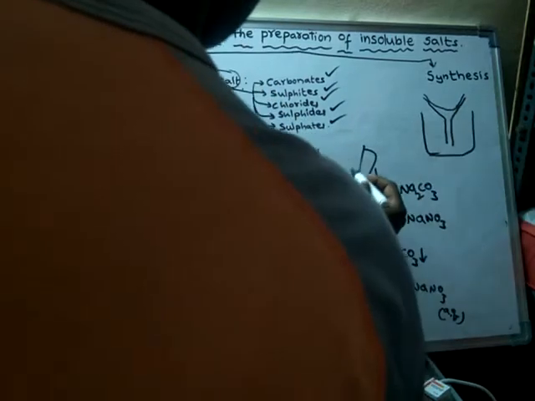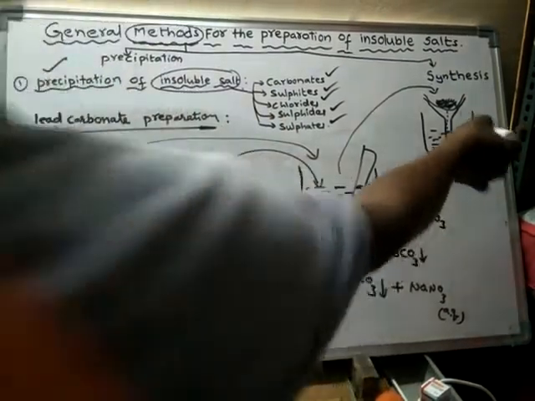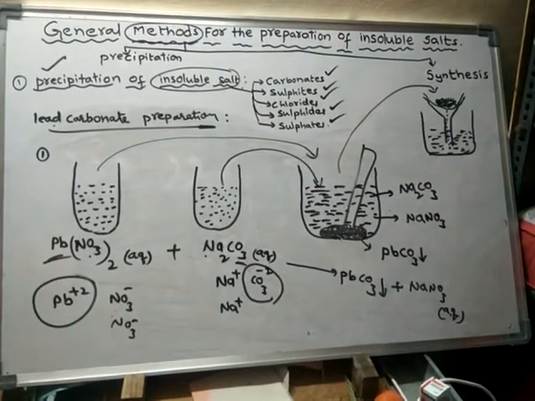Now transfer this one here. The insoluble salt remains as residue on the filter paper, and this is called the filtrate. The solution which has passed through the filter paper and funnel is finally collected into another beaker.